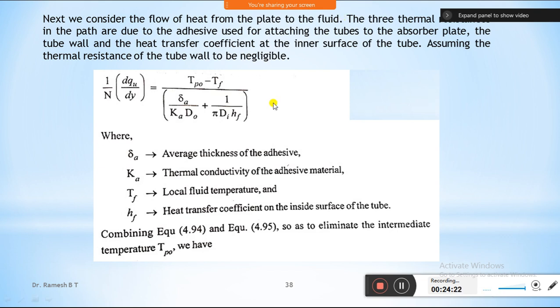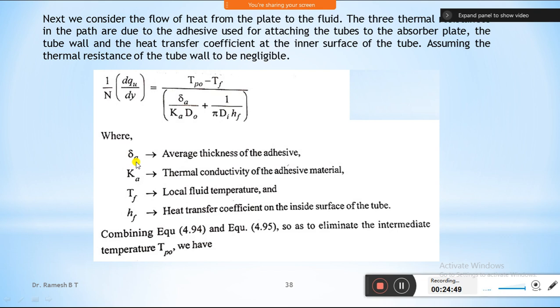we already know that delta means thickness. So here we are going to consider the average thickness of the plate. Ka is the thermal conductivity of the adhesive material. We are using adhesive for binding the two substances, the cover and the absorber plate, so the thermal conductivity of the adhesive material is also important.